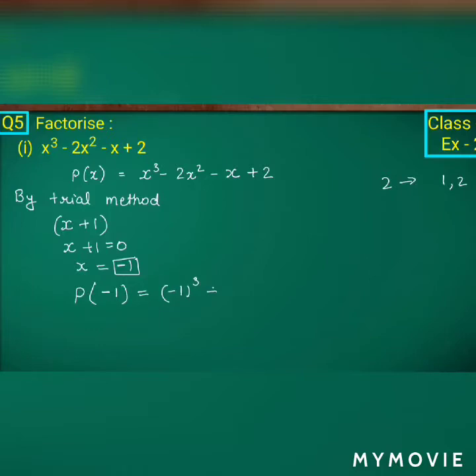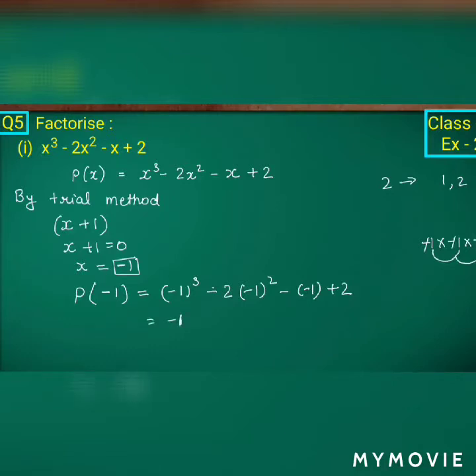So x plus 1 is equal to 0, so x becomes minus 1. Now we substitute the value of x in the given polynomial, that is p of minus 1, which is equal to minus 1 whole cube minus 2 into minus 1 whole square minus of minus 1 plus 2. Minus 1 whole cube, we know that minus into minus is plus, plus into minus is minus, isn't it?